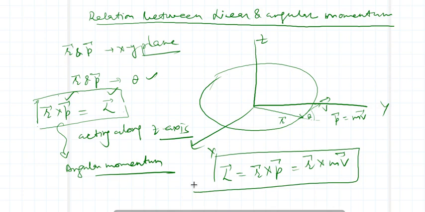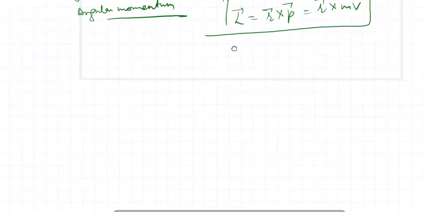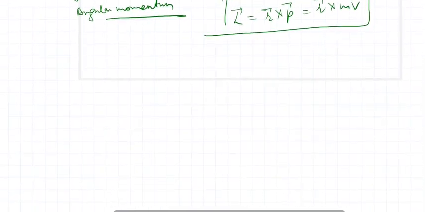And if I talk in terms of vector quantities, because r is a vector quantity and p is also a vector quantity, we can think in terms of Cartesian coordinates.